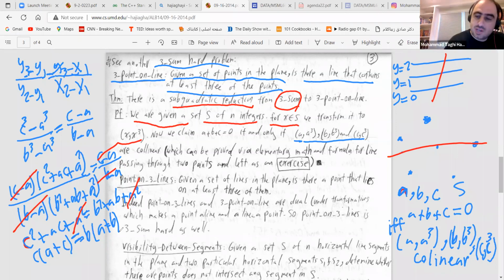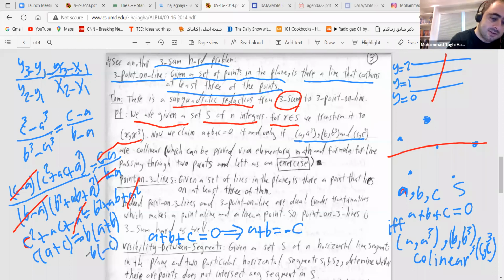You can actually get it more formally, but I just want to say that if you have a plus b plus c is equal to 0, then we know that a plus b is equal to minus c. So let's put the formula there. If we put this one, we have b times minus c here.